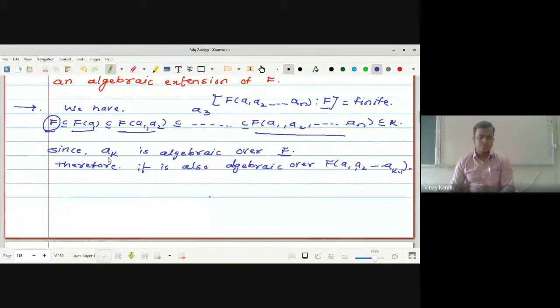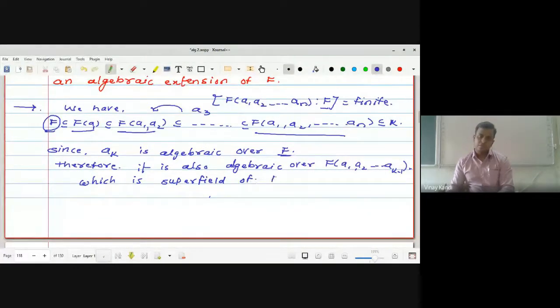Hence AK is algebraic over F, then it is also algebraic over F of A1, A2, so on, AK minus 1, which is the superfield of F.